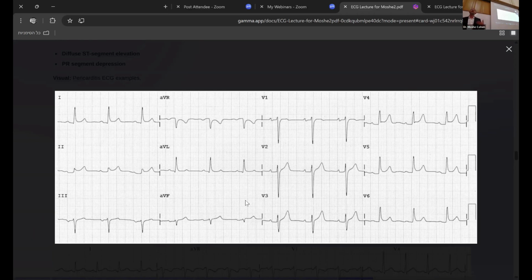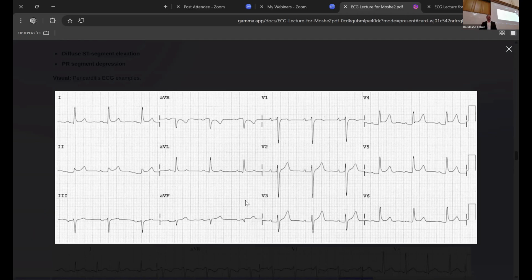Let's say you have a 16, 17, 18 year old person. Not likely that this person has myocardial infarction. And this person is much more relieved when he's leaning forward. When he's leaning backward, he feels bad, but when he's leaning forward, he's relieved.